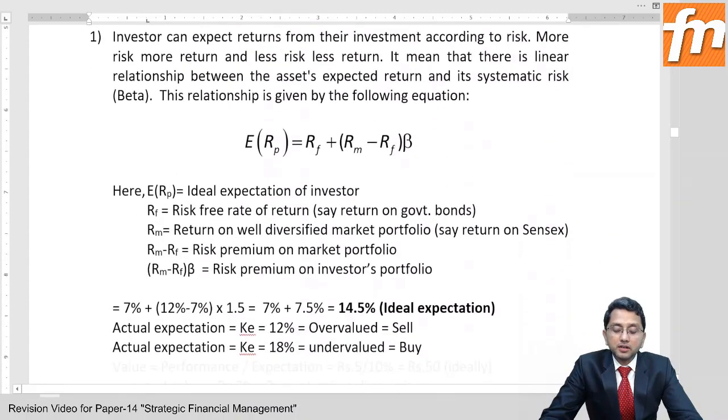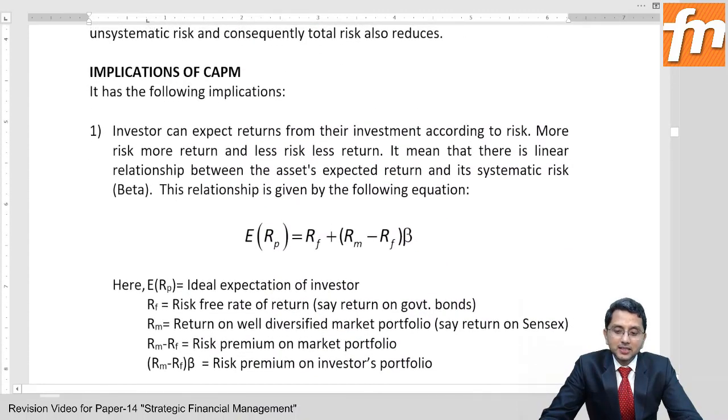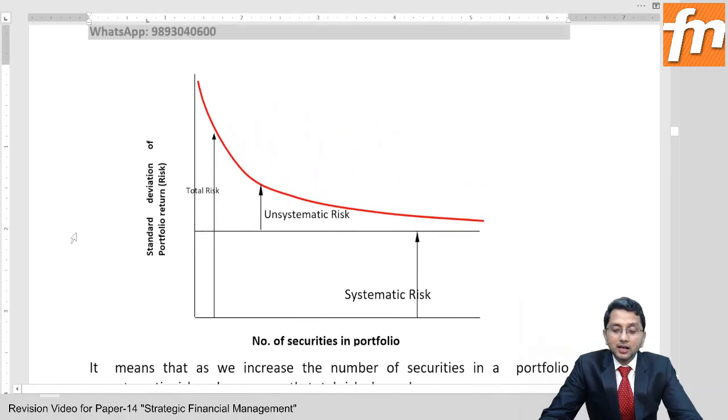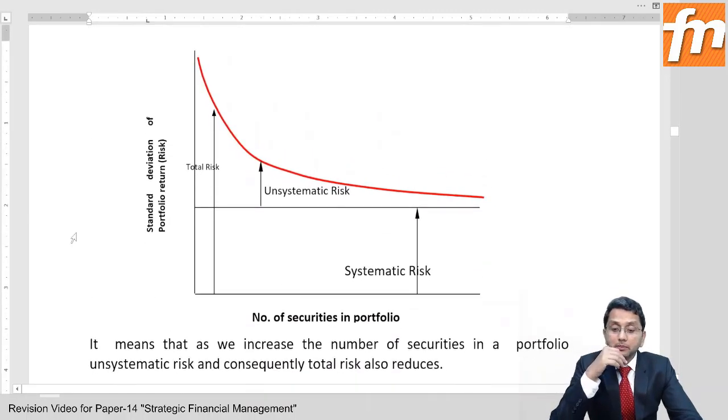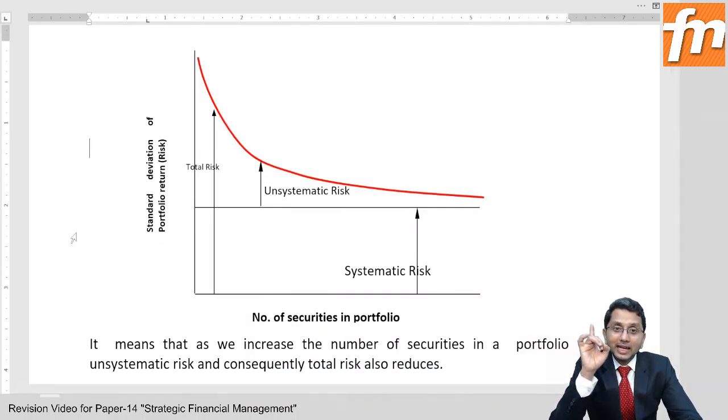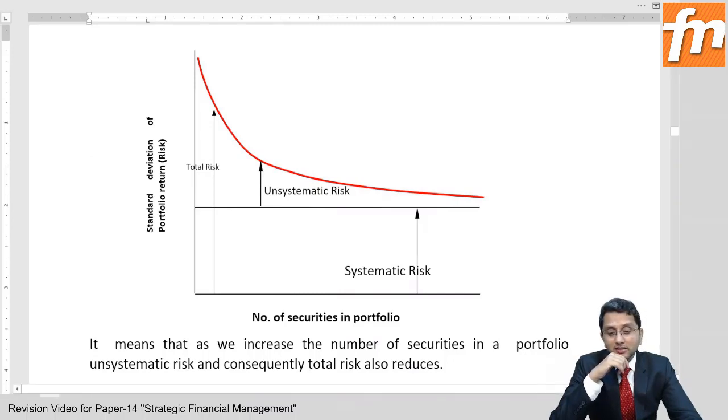So this is what CAPM says, and it says that as the unsystematic risk can be eliminated, therefore market will never give you any risk premium for taking unsystematic risk. It will give you risk premium only for taking systematic risk.